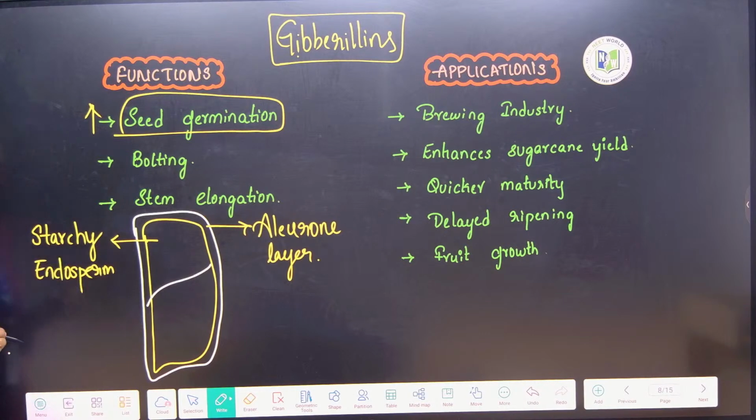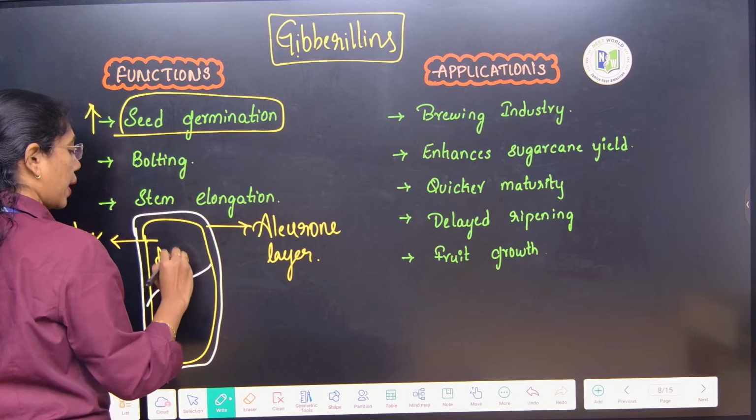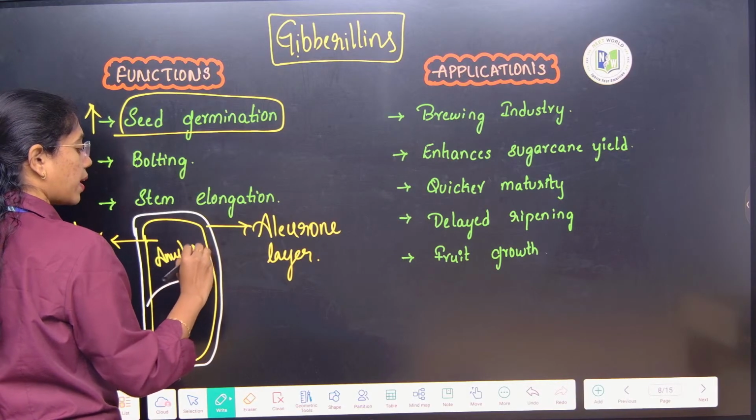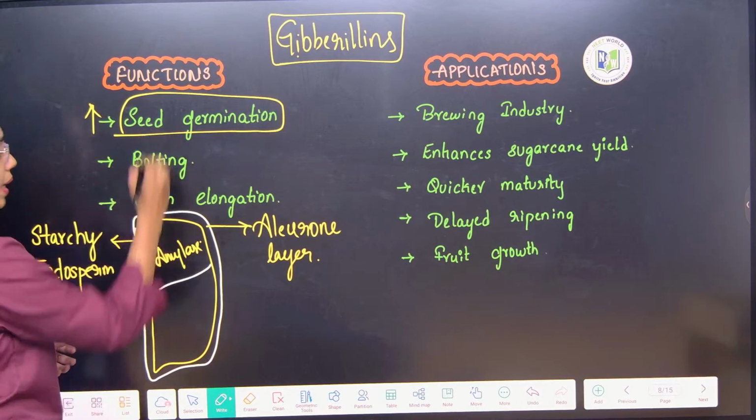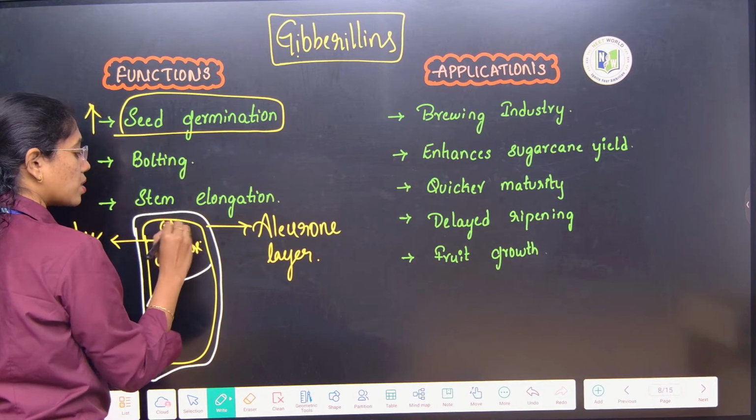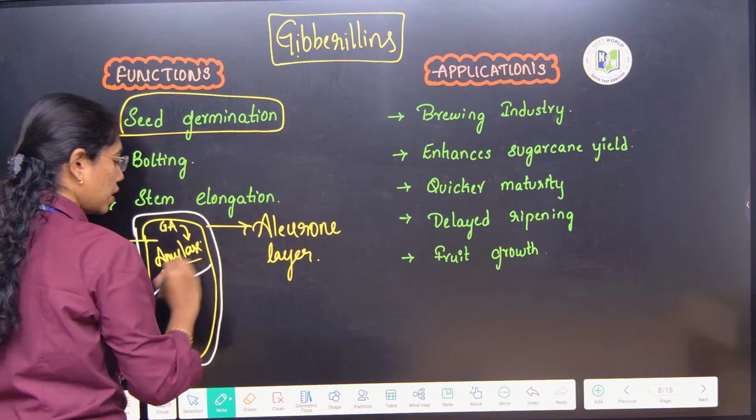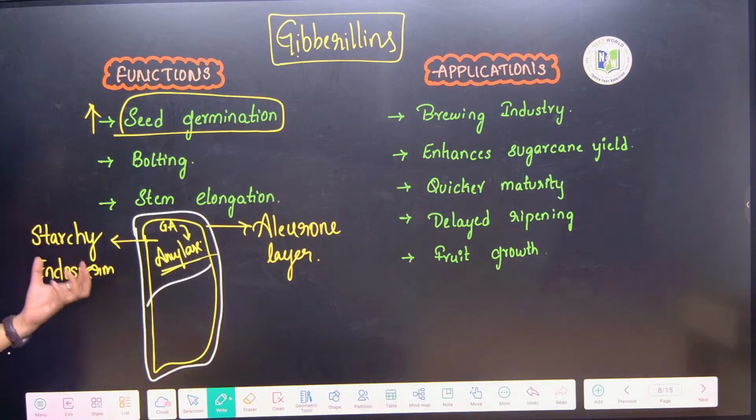Fine, right? So the starch will be simplified by the action of what? Amylase. Amylase will be produced by the induction of gibberellic acid. Gibberellic acid will trigger the release of the enzyme amylase.